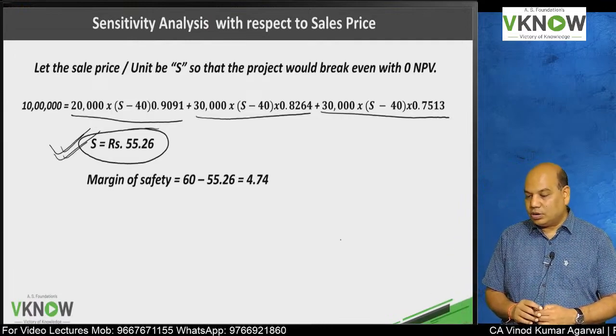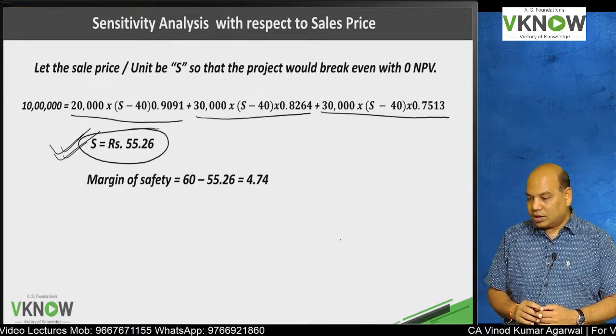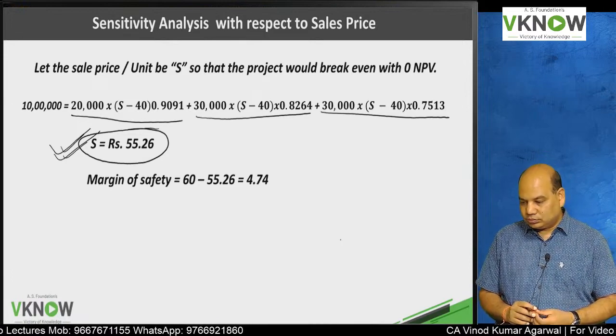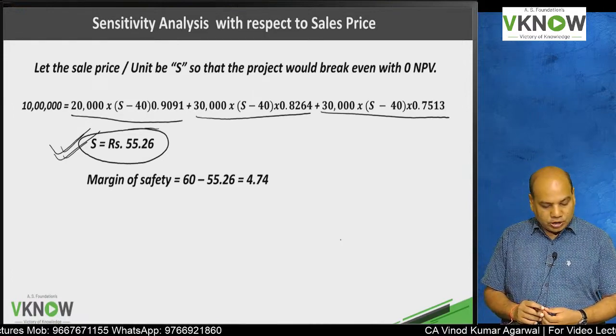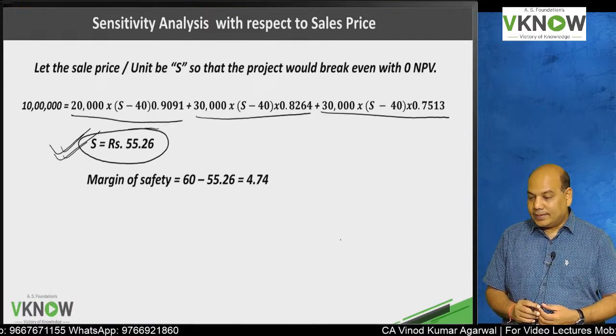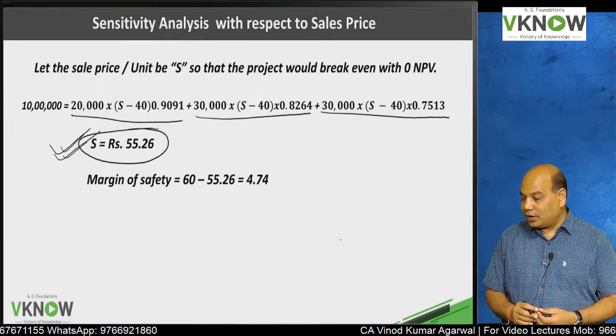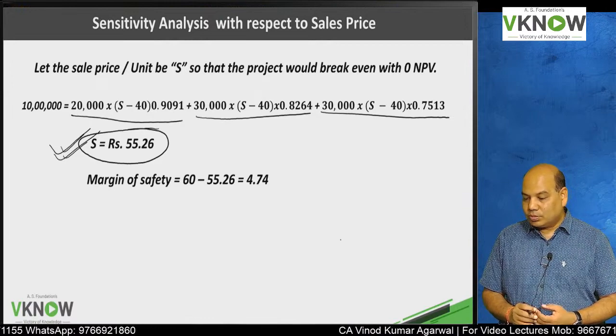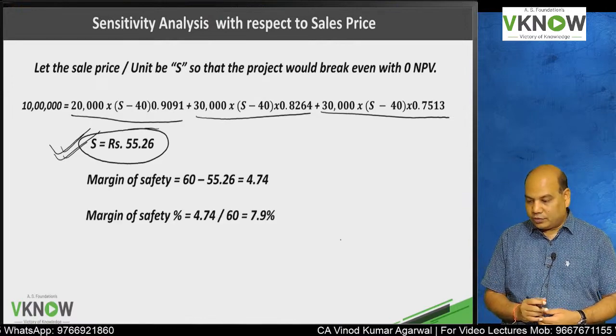Margin of safety equals: my original estimated selling price is 60. I need a minimum of 55.26. So margin of safety is 4.74.